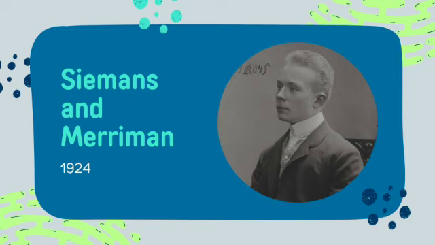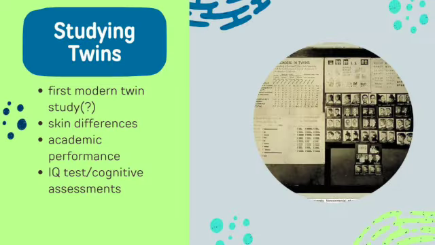And so that leads us on to Simons and Merriman, who both published two different papers in 1924. Both have also been discussed when it comes to who actually conducted the first modern twin study along with Jablonski, but their papers came out 2 years later.